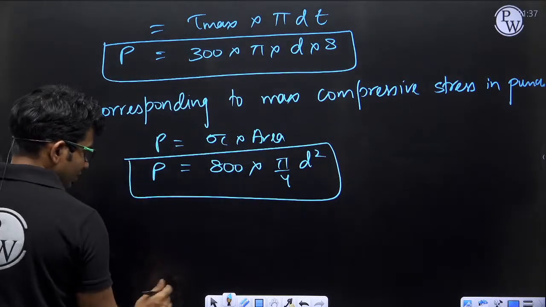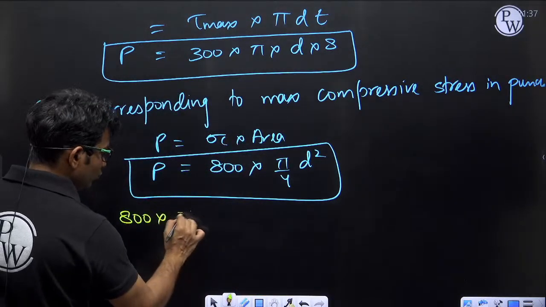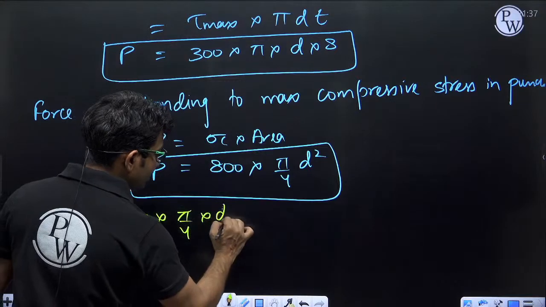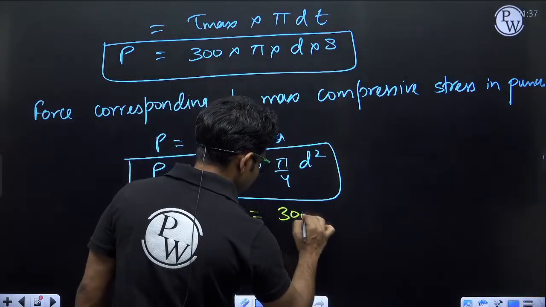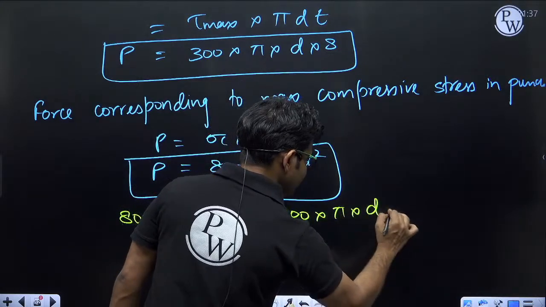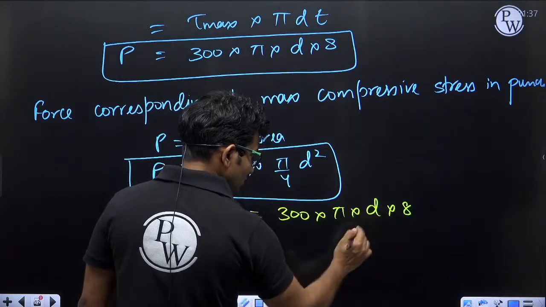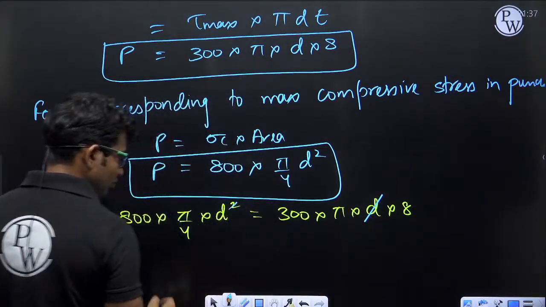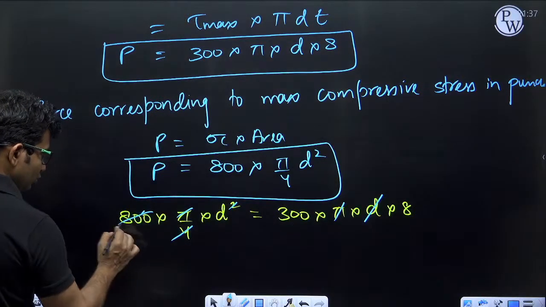Now if we equate both of them, what we will be getting: 800 into pi by 4 into d square will be equal to 300 into pi into d into 8. Now d and d will be cancelled out, pi and pi will be cancelled out, 800 by 4 will become 200.